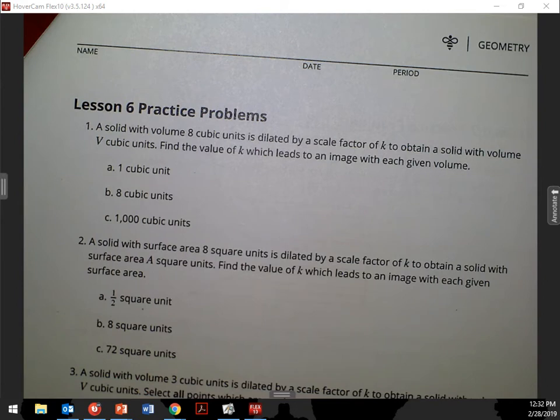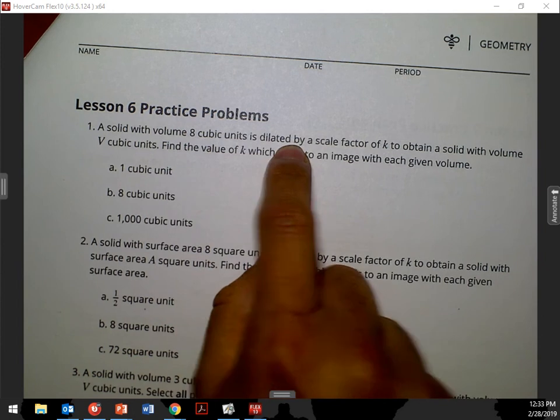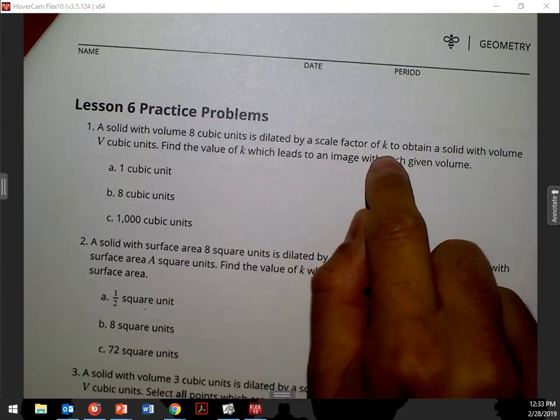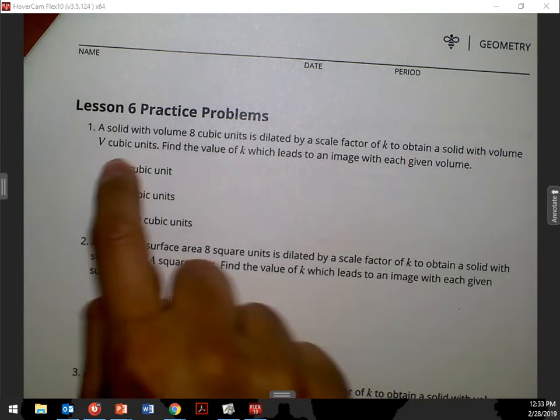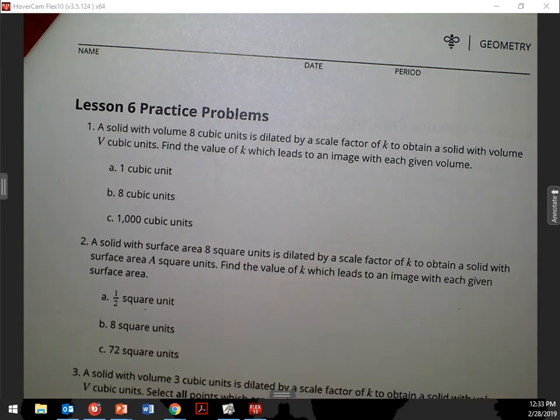A solid has 8 cubic units and is dilated by a scale factor of K to obtain a solid with a volume of V units. Find the value of K that leads to an image with the given volume. Didn't I tell you guys that we don't have the scale factor on the test?